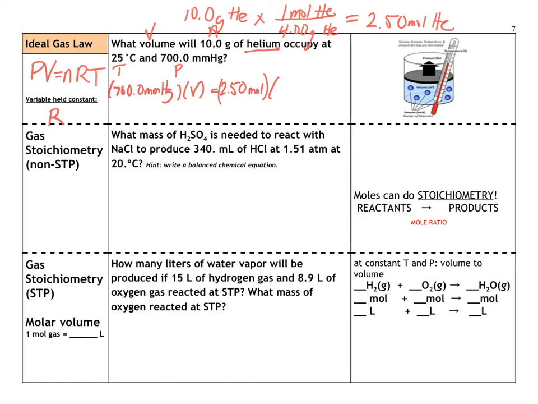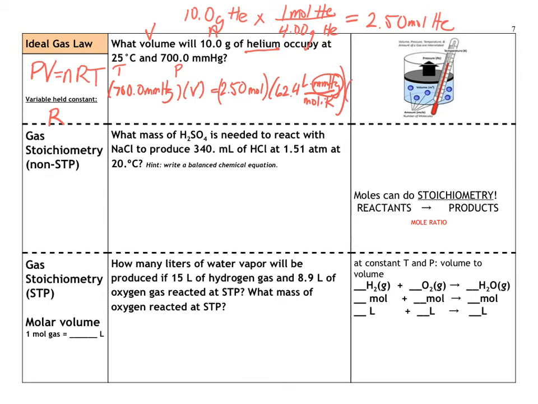You find the constant that has R with millimeters of mercury, because that's what really distinguishes one R from the next, is it's been converted between units of pressure. So we're going to use 62.4 liters times millimeters of mercury over moles times Kelvin.